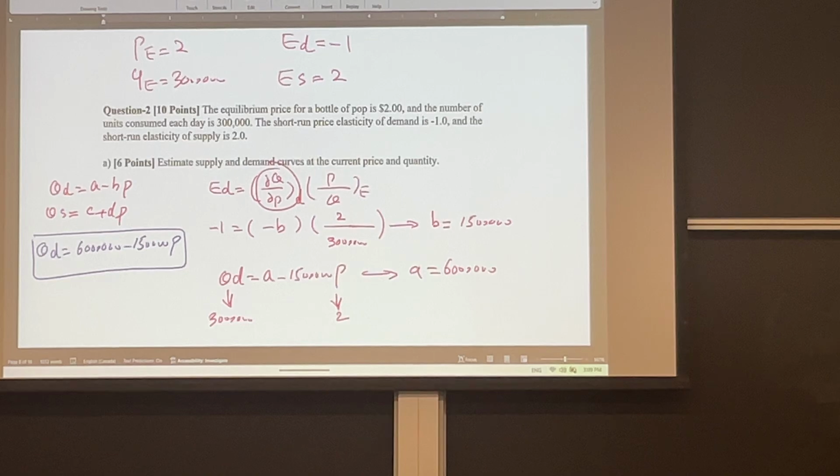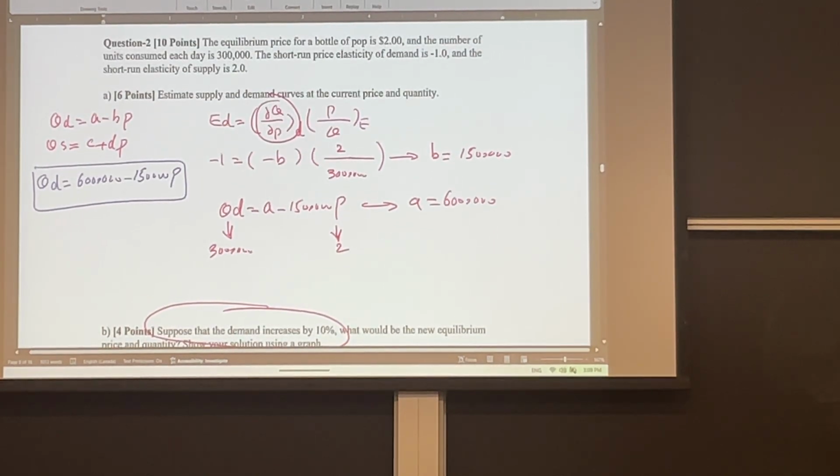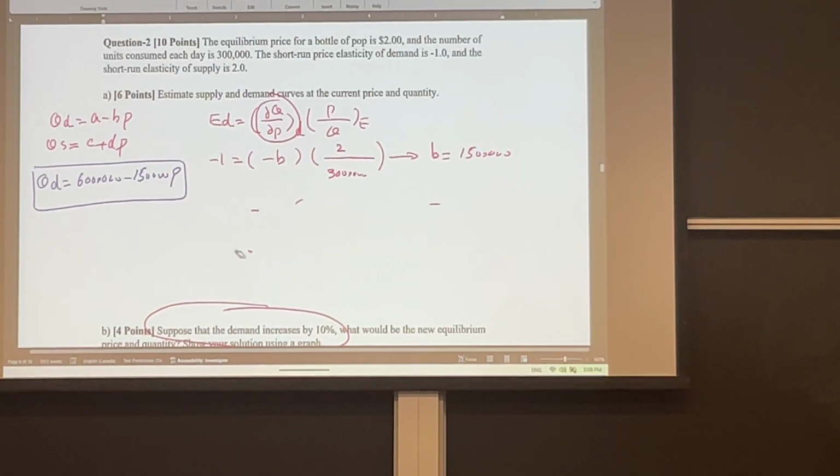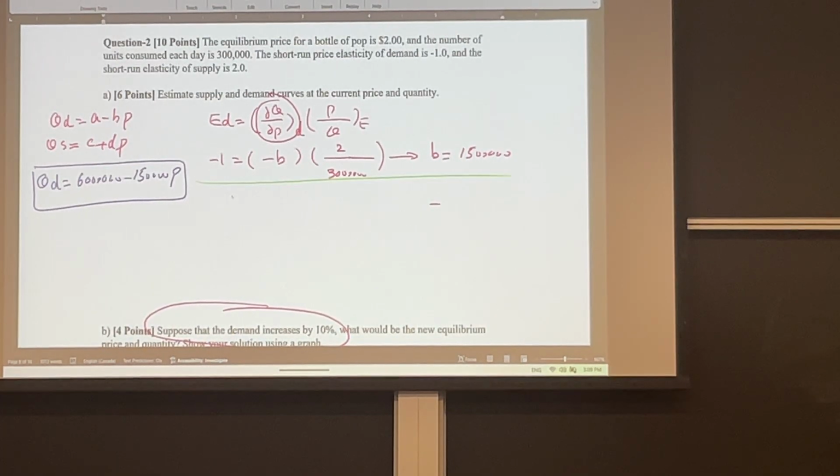Make sense? Okay, we'll do the same thing for the supply. So I can erase this one. Now we don't need it. That's the elasticity of supply, which I know is equal to 2.